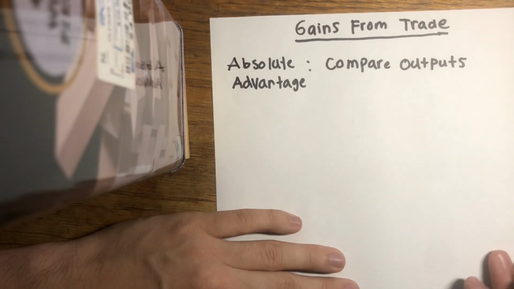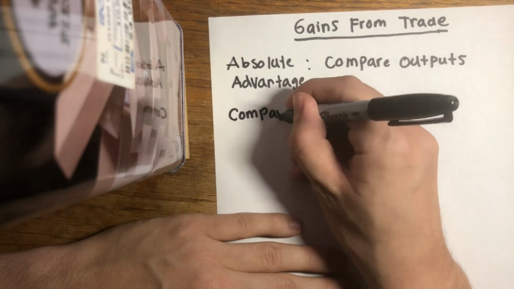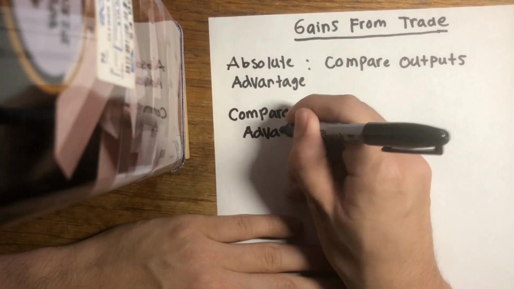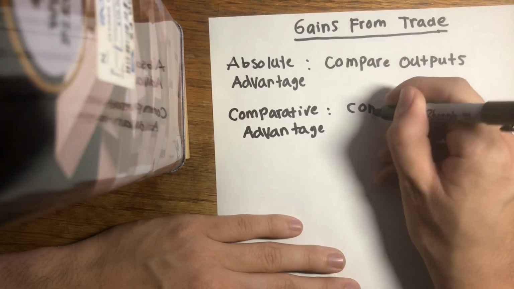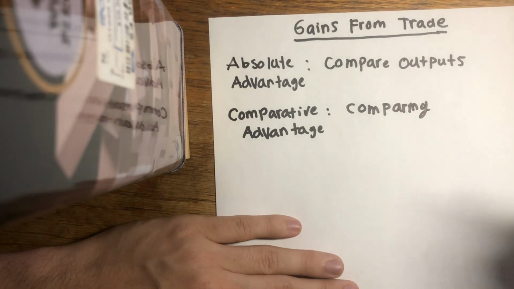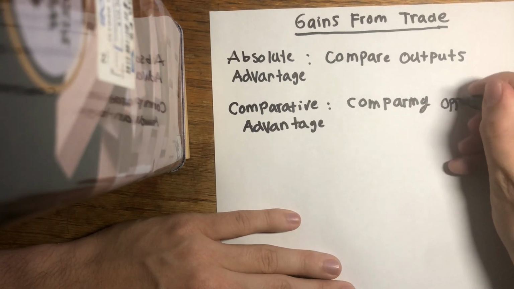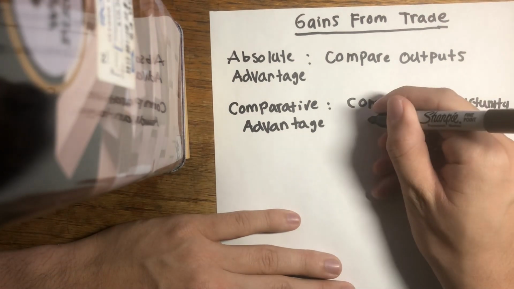Okay? Now, on the other hand, comparative advantage takes a different approach. In comparative advantage, we're now looking at comparing opportunity cost. Simply what this means is that if we have a producer producing one good, we're seeing how much of the other good they're giving up to produce that good.